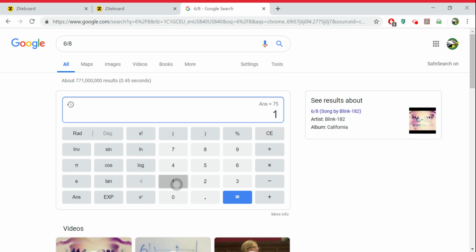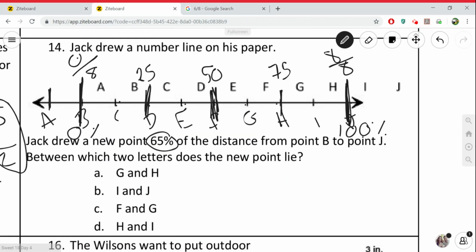So let's try that. We're going to take 100 divided by 8, and I get 12.5. So if I do times 5, I end up with 62.5. So that's 1, 2, 3, 4, 5. So this is 62.5. So that means that 65 will be somewhere right here, which is between G and H.